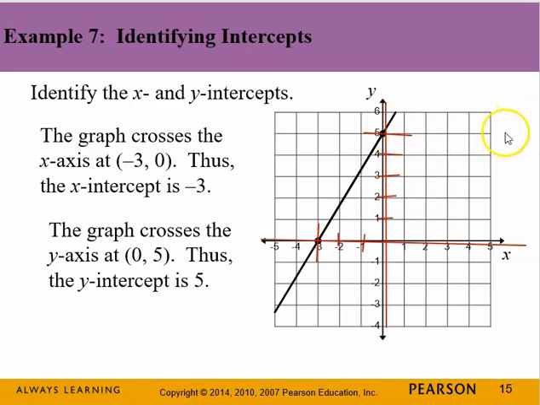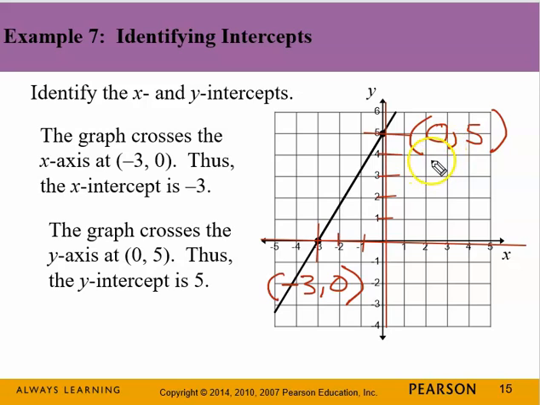Now, what do you notice? Well, this is a line that is crossing the y-axis at this point. And the ordered pair of this point is 0, 5. And it's crossing the x-axis at this point, which is -3, 0.